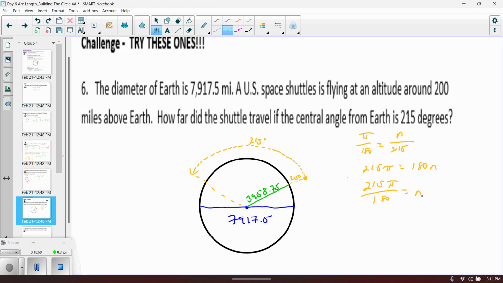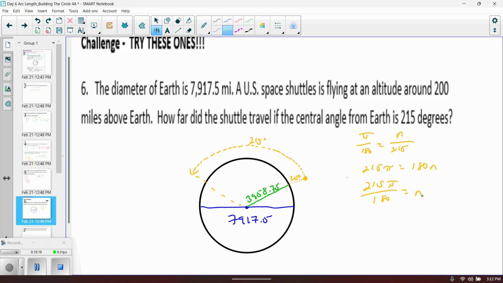Okay, and that does reduce, but because we're going to end up plugging this into the calculator, I'm not so worried about reducing that at this point in time. If we didn't, then yeah, you probably want to reduce it. So we have our central angle measured in radians, and we have, for the most part, our radius.